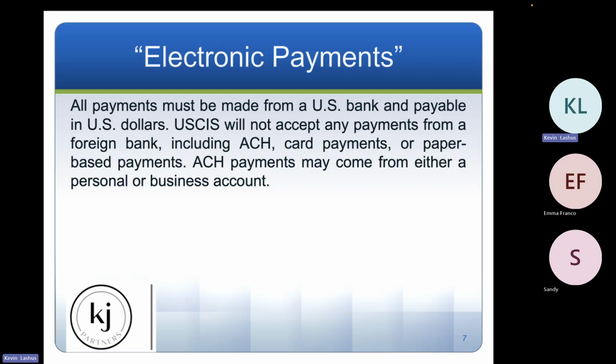USCIS will not accept payments from a foreign bank, including an ACH, card payments, or paper-based payments any longer. So they're making it exceedingly difficult for employers to apply for benefits, which is why we ask for your patience.